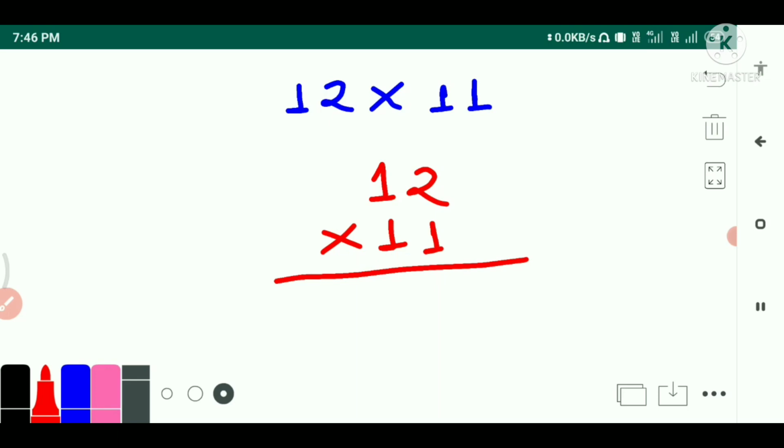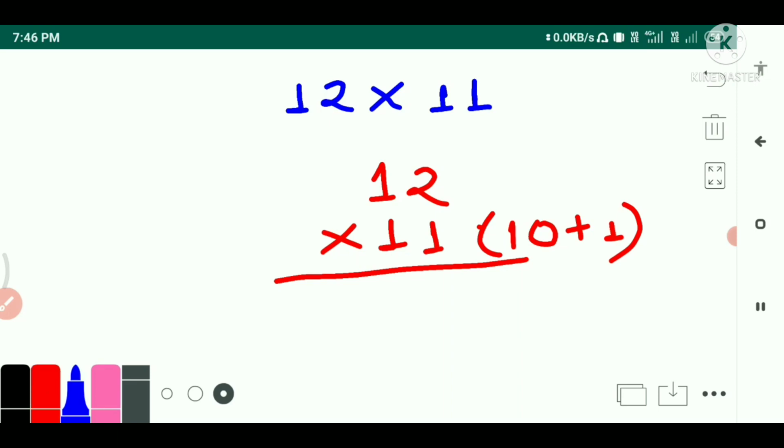Now see, this number 11 we can write as 10 plus 1. Yes or no? 10 plus 1 is also 11, right? So first we'll multiply this 1 with this 12, and then we'll multiply this 10 with this 12.